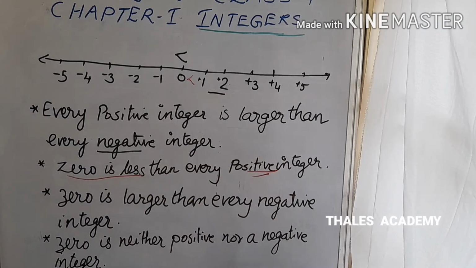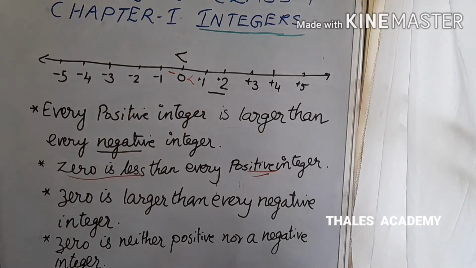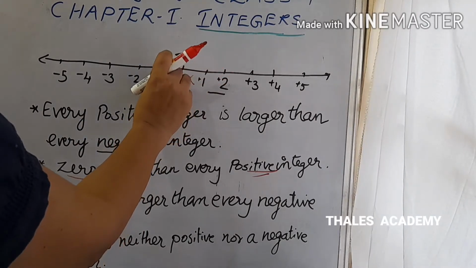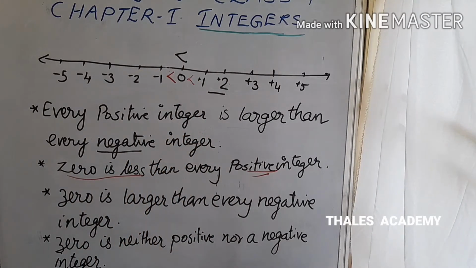Next, 0 is larger than every negative integer.